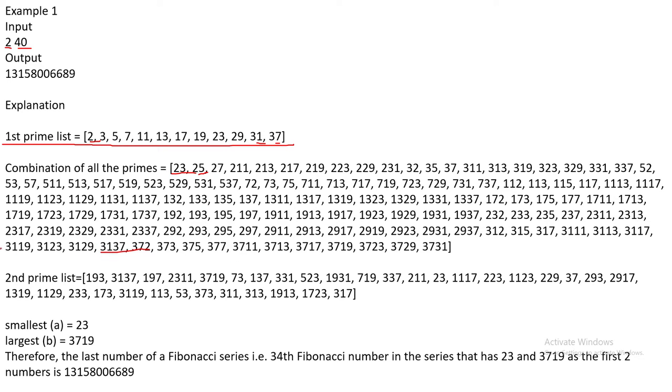So we'll make combinations. In the second prime list we have to get the prime numbers from this list. From this second prime list we have to get the smallest and largest number, and generate a Fibonacci sequence using these two numbers.